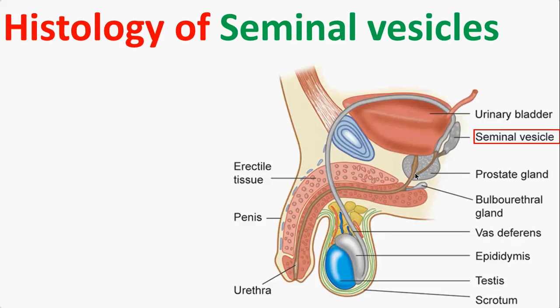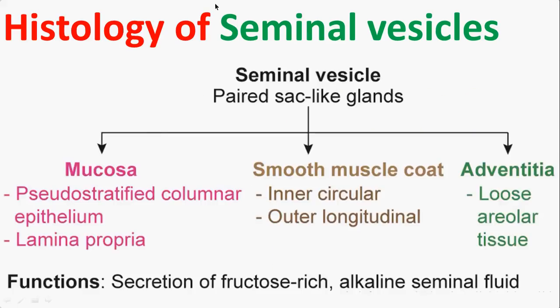Now, in the histology of the seminal vesicle, it is a paired sac-like gland. We have to see the mucosa, smooth muscle coat, and adventitia. Pseudostratified columnar epithelium; smooth muscle coat, inner circular and outer longitudinal; adventitia, loose areolar tissue.